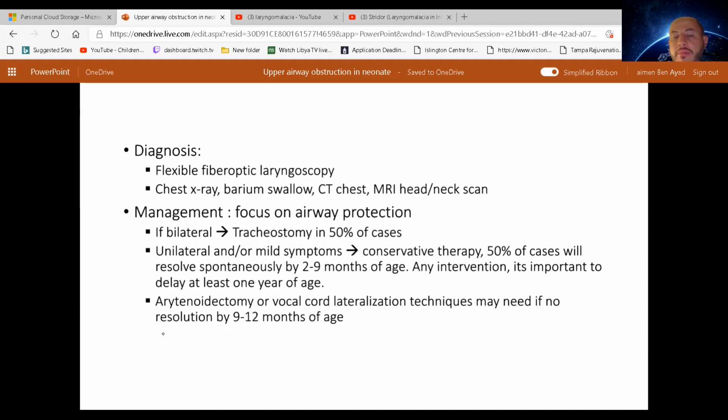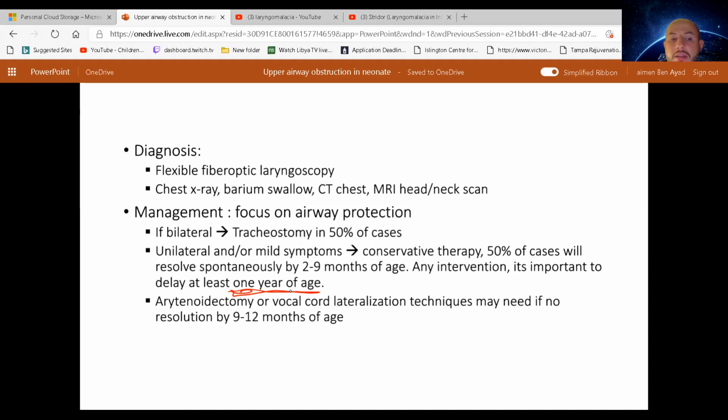Management, number one, as for any airway obstruction, focus on the airway. 50% of bilateral cases require tracheostomy. For unilateral cases and mild symptoms, always observe, because resolution occurs around 2 to 9 months of age, and for any intervention, it's very important to wait until at least 1 year of age. The prognosis is good if it's secondary to stretching of the nerve.